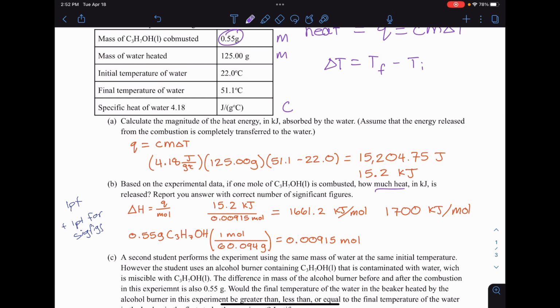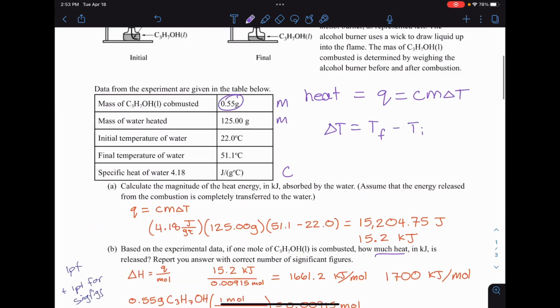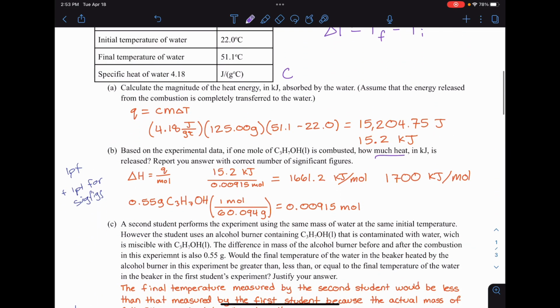So the 15.2 kilojoules is still the heat that we're discussing here. And it probably should be negative. In this context, negative means released. Since we're describing it as released, we don't have to have our end answer as a negative answer. But if you put the negative sign in there, it wouldn't necessarily be wrong. Your delta H could be written as a negative.